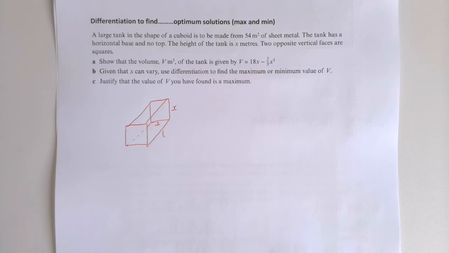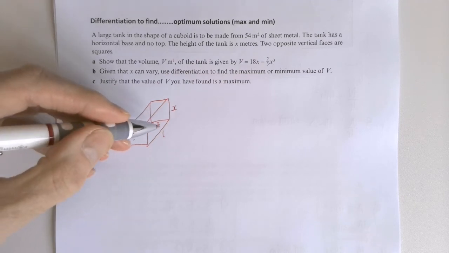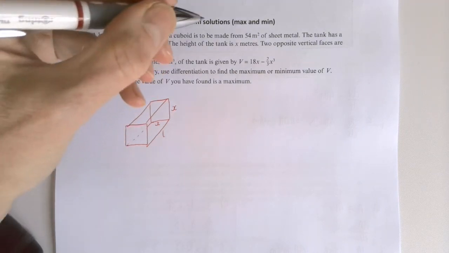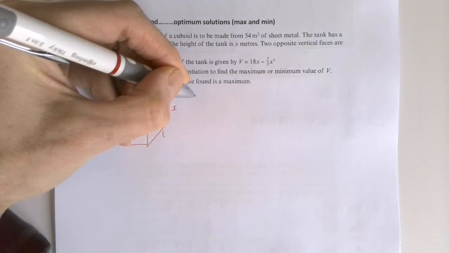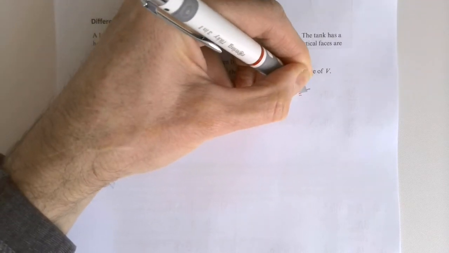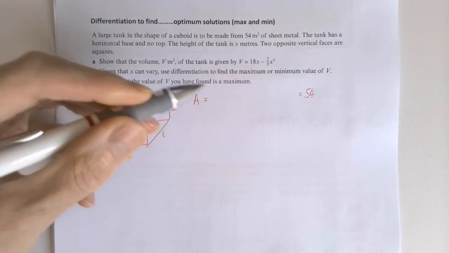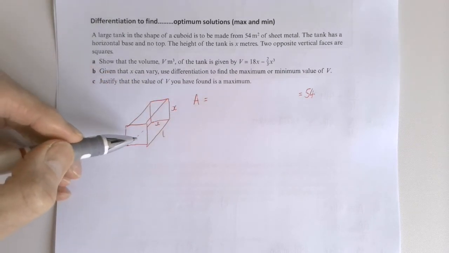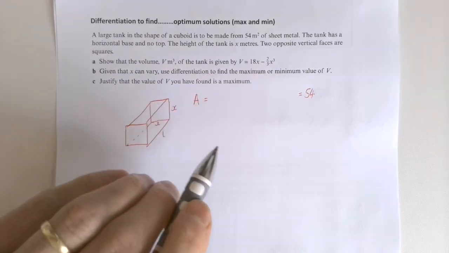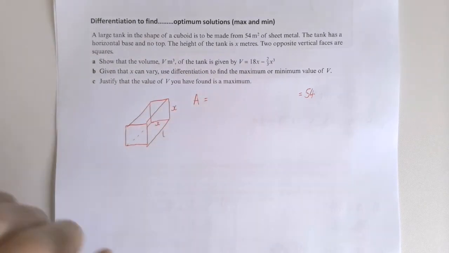So go on, start off by seeing if you can get a formula for L. This time we want to do it by firstly writing a formula for surface area, because we know the surface area is 54. So add up all of your faces, there's 5 of them, make it equal to 54, and then see if you can rearrange that to get an L equals formula.